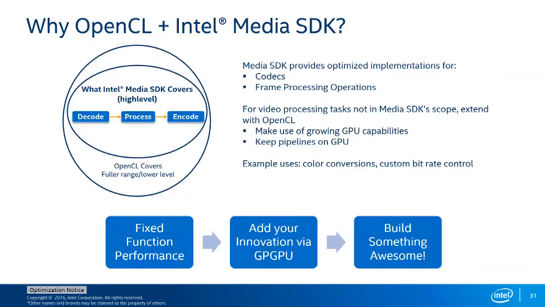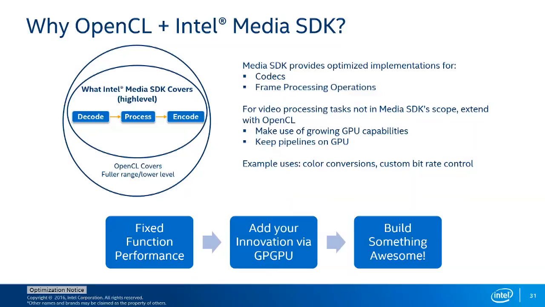I also wanted to mention again that OpenCL is available, and it's a great combination to extend your pipelines. So Media SDK provides optimized codecs and frame processing operations, but for everything else, all the ways you might want to extend those pipelines, you can use OpenCL to access more of those GPU capabilities.